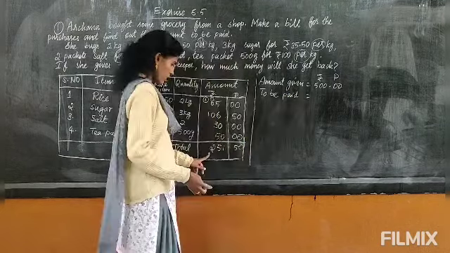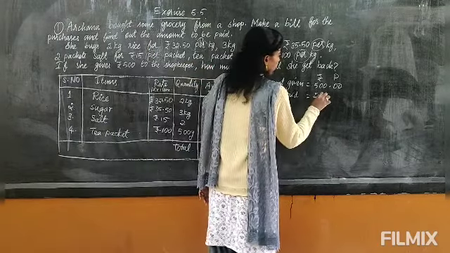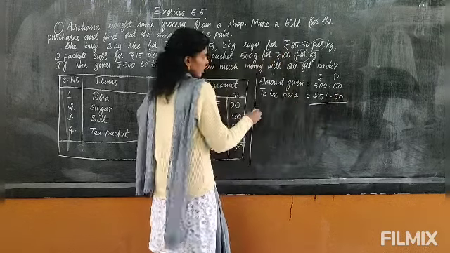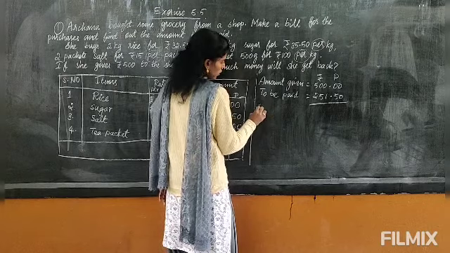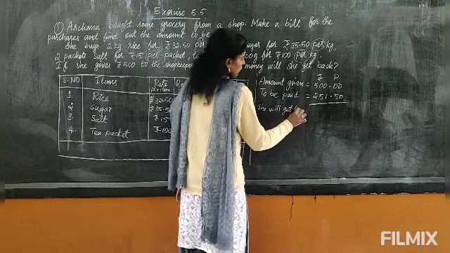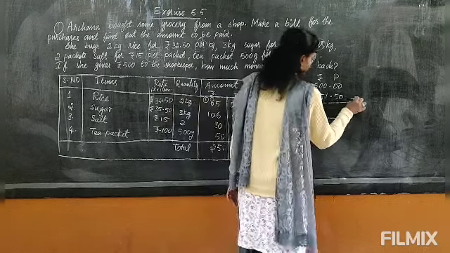How much to be paid? That is 251 rupees and 50 paise. Amount she will get back. So how much she will get back? To find the get back amount, you have to minus.